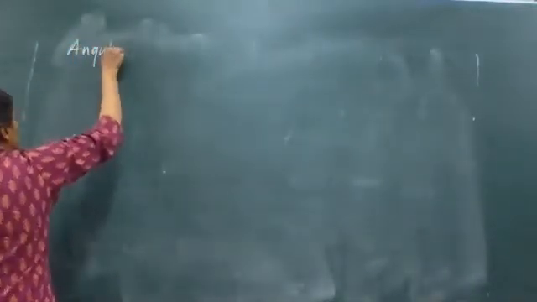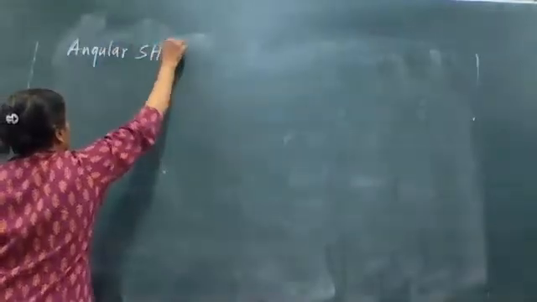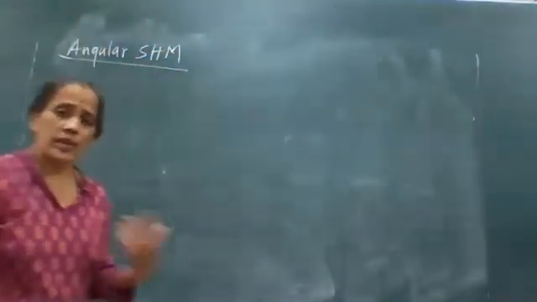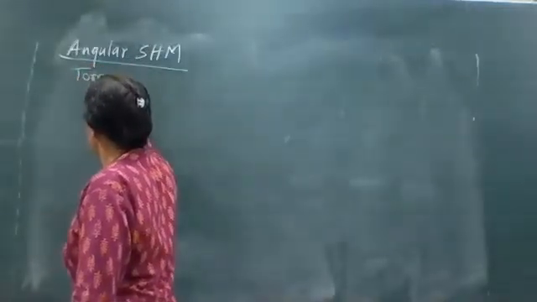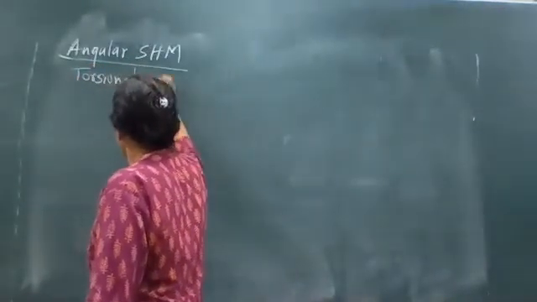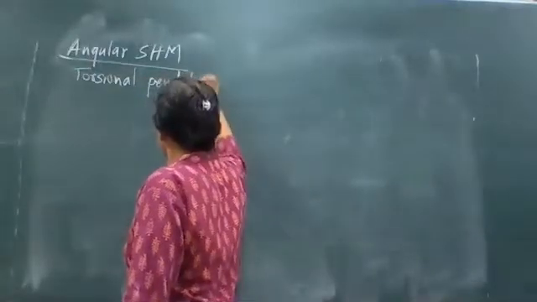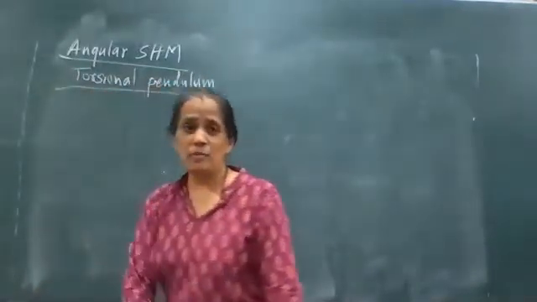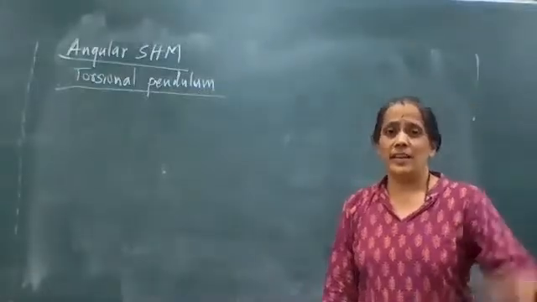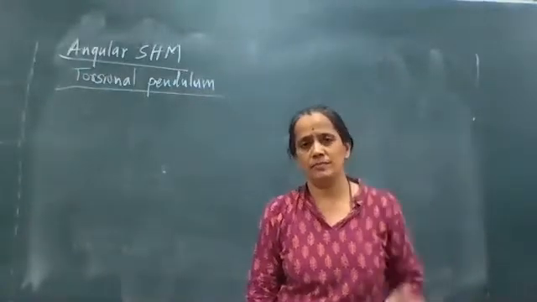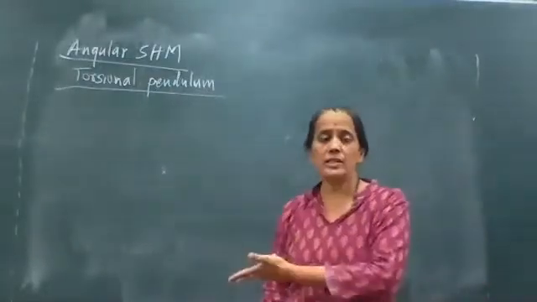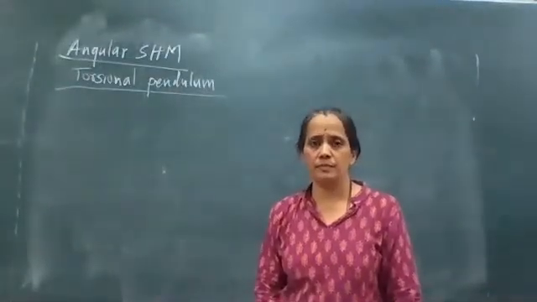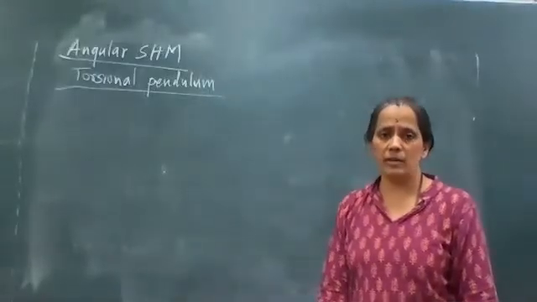In this angular SHM concept, we concentrate on a device which is called a torsional pendulum. Now see, this is the third type of pendulum you are studying. In 11th standard you have seen the conical pendulum. Then just now I have explained the simple pendulum. And this is the torsional pendulum.